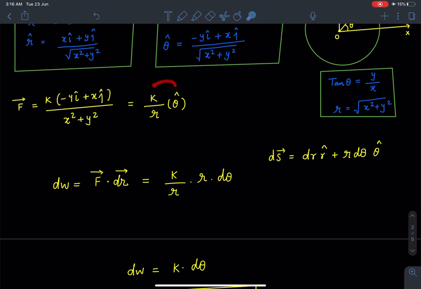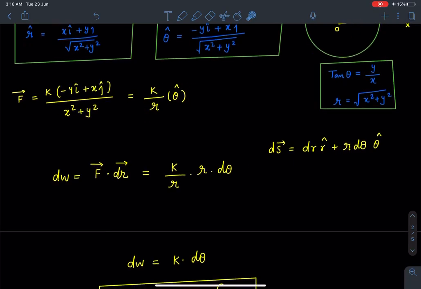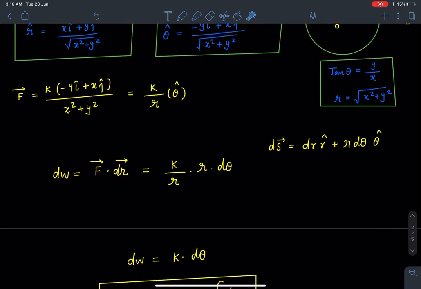Now this tells us that this force is tangential to the circles, as it is parallel to theta cap. Now we know the displacement vector in the polar coordinate system, which is dr r cap plus r d theta theta cap.